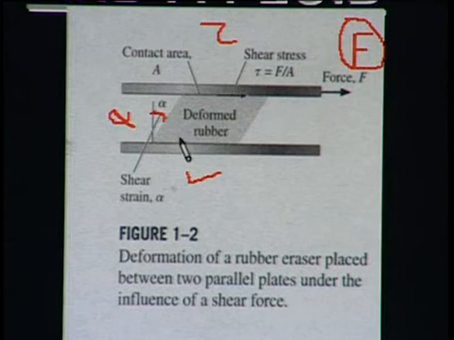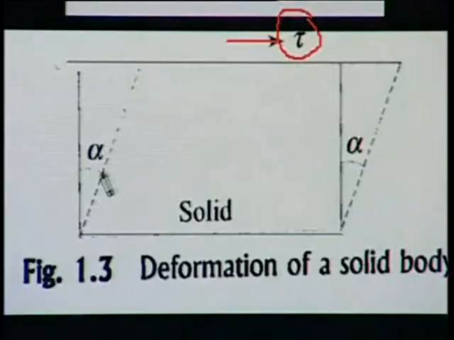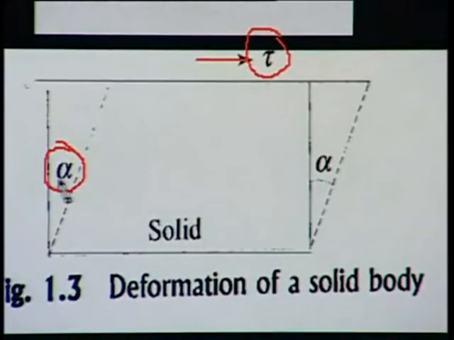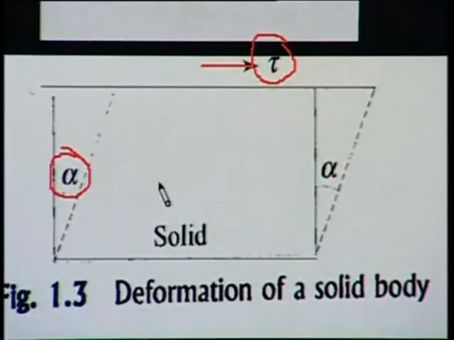This force is just distorting the shape of the solid. So, with the help of the second figure, we can appreciate it further. This is the tau, which is called shear stress, and because of this tau, we have a corresponding shear strain, and shear stress is proportional to shear strain, and alpha is independent of time.